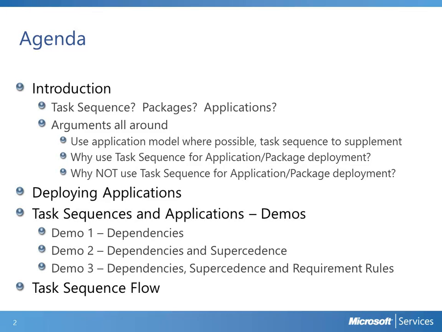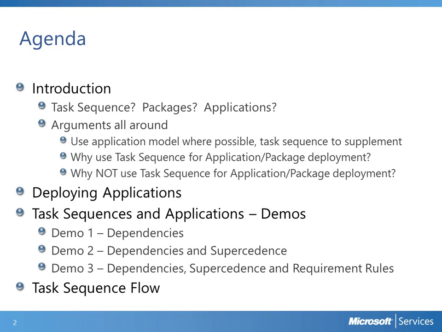The demos that you'll see in a bit are going to be focused on the specific applications in the new application model and so on. But as far as use of task sequence, it can be used to deploy applications, packages, whatever content you might need, right? But the ability for task sequences to handle package deployment has been around since Configuration Manager 2007.